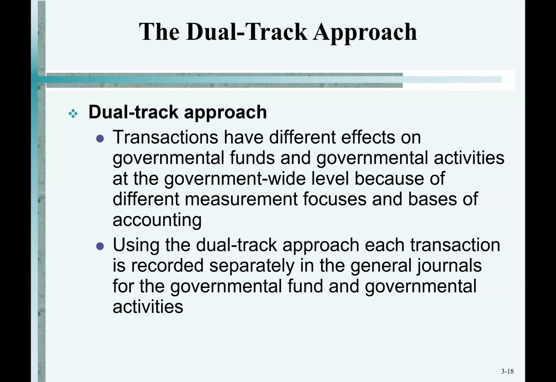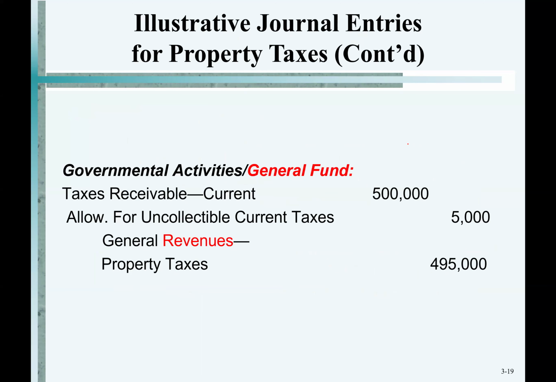But we're going to pretend like we're making entries at the government-wide level versus the fund level, just to show the difference between the two and how the journal entries will affect the appearance of those transactions on the financial reports. Okay, all right.